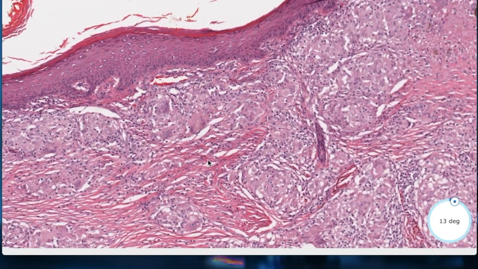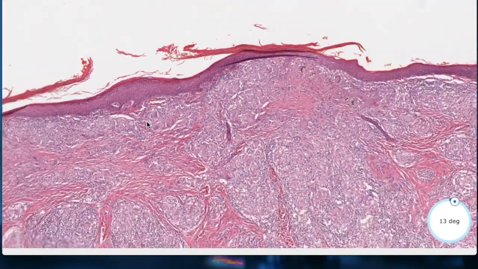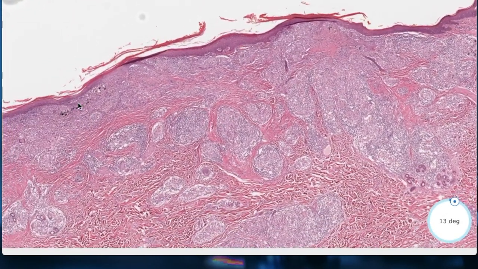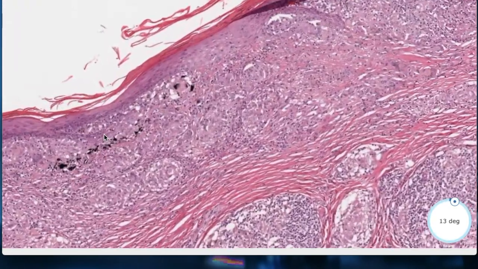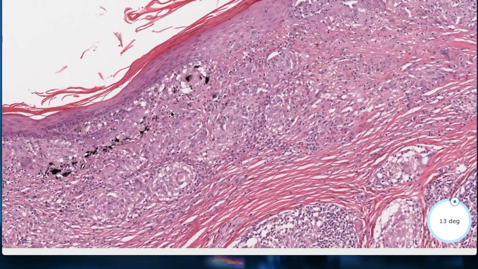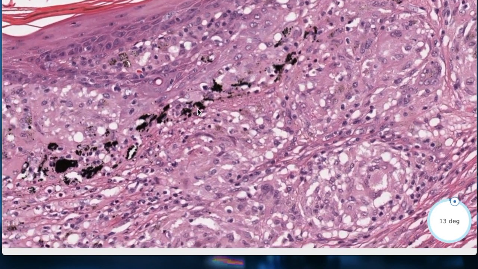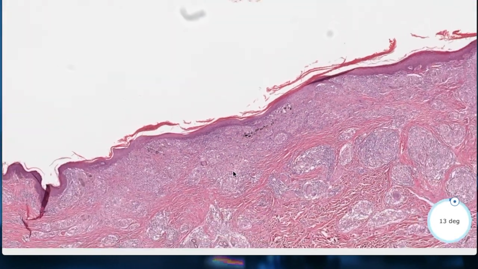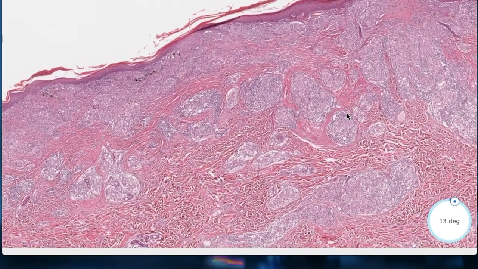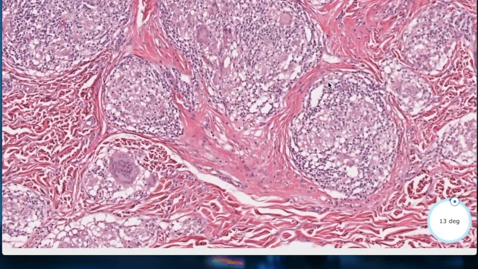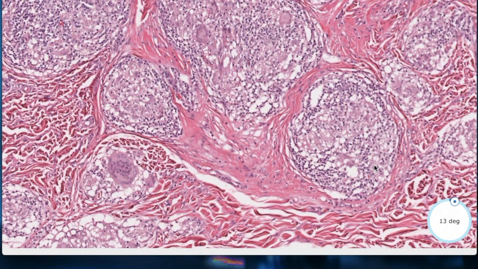So all these granuloma formation, and you can see like in these areas in the superficial dermis, the tattoo, black ink, but the reaction pattern is very florid, where you see like the granuloma formation with histiocytes, giant cells, and inflammatory cells.